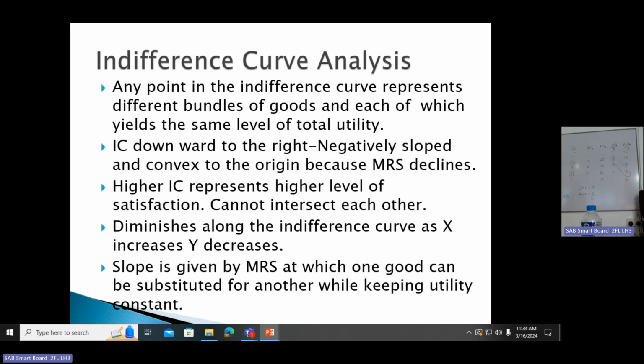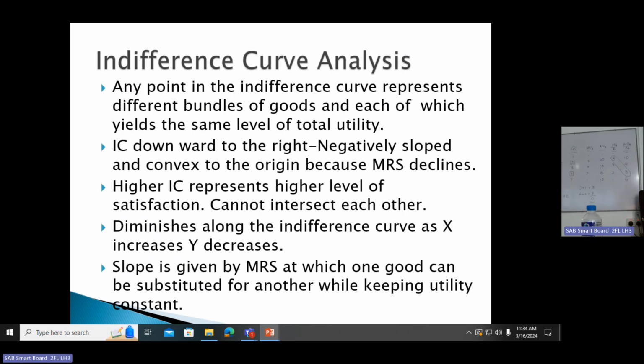So what are the features of the indifference curve? Anyone wants to know? The indifference curve is also downward sloping, negatively sloping. That explains the different combinations of goods the consumer is willing to buy at the same level of satisfaction.